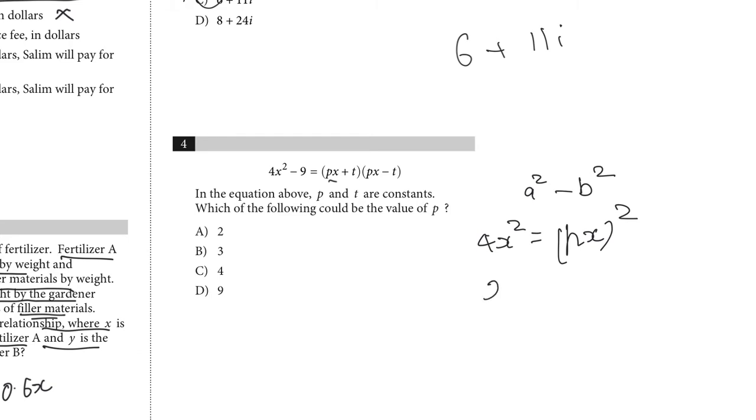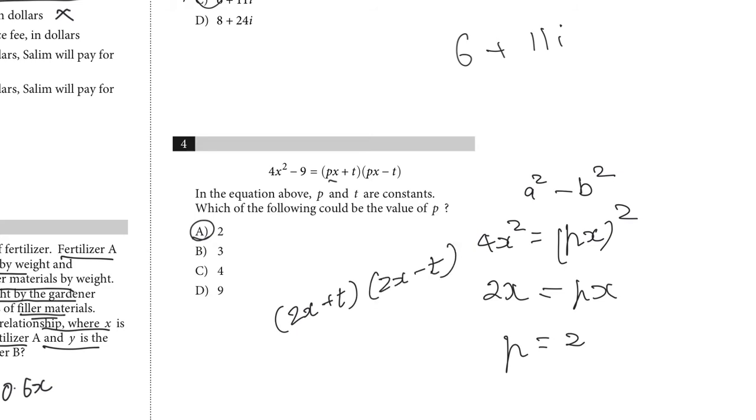Taking the root on both sides gives us 2x is equal to px, so p will be equal to 2. We could just check it once again: (2x minus t)(2x plus t) gives 4x square minus t square. That's correct. Anyways, let's go to the next question.